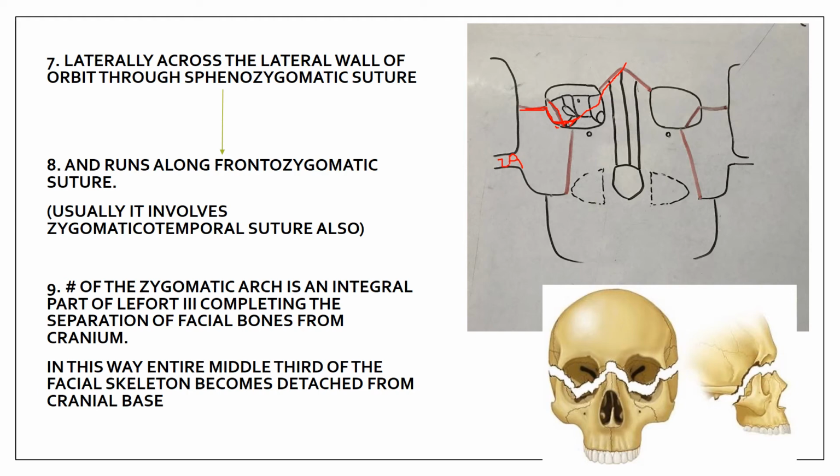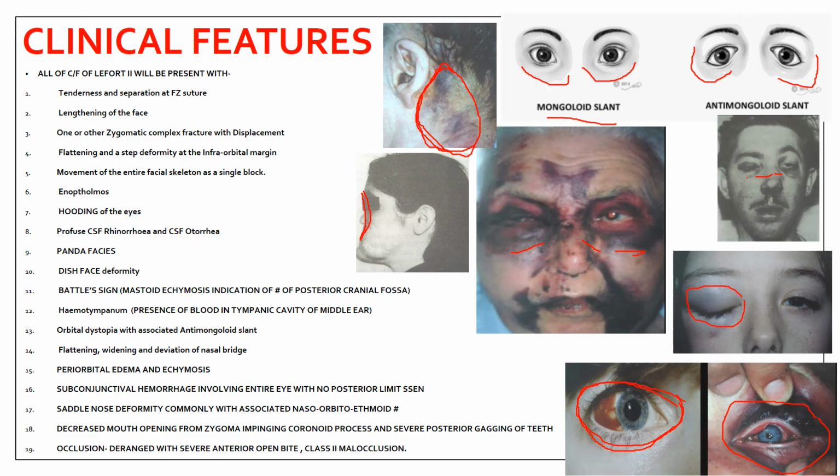So it also fractures this zygomatic arch, and by this it is completely detaching from the cranial base, and hence it is known as craniofacial disjunction, because the cranial base is completely separated from the facial skeleton. This is the fracture line of your Lefort 3.